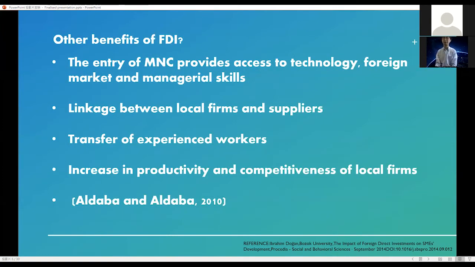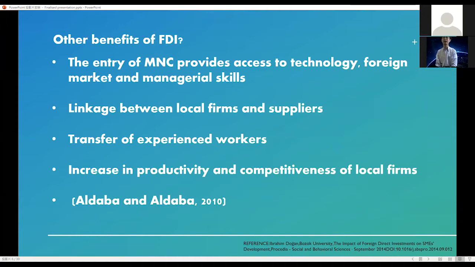So the entry of FDI often comes with the entry of MNCs into the host country, and because those MNCs should possess advanced technology and also better managerial skills and standards, their entry is going to provide access to those important resources for the local firms and also the local economies.